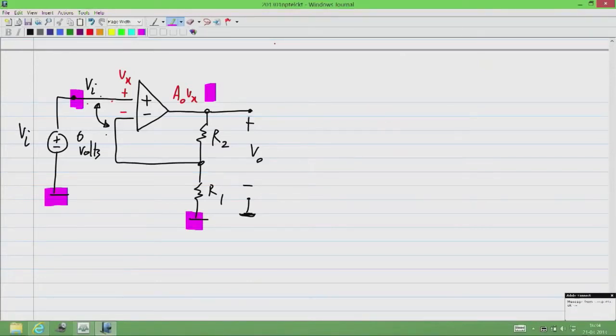So now let's try to reanalyze this circuit using the concept of the virtual short. Okay. So if there is 0 volt between these two nodes, what is the voltage at this node?